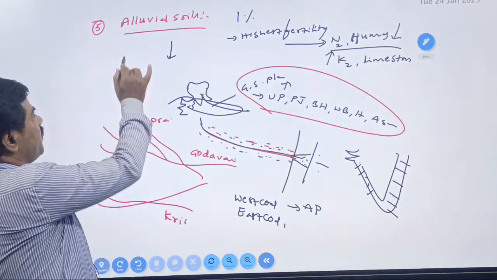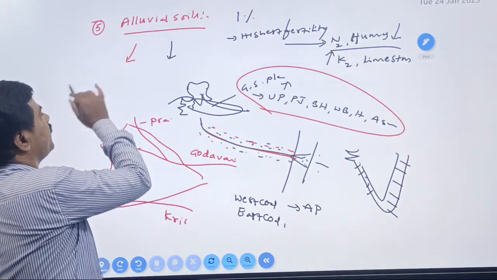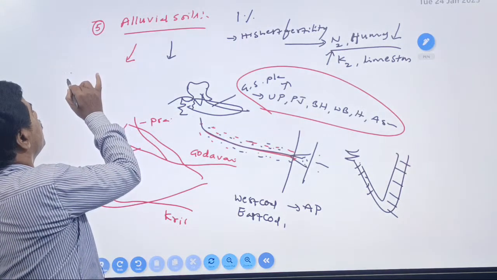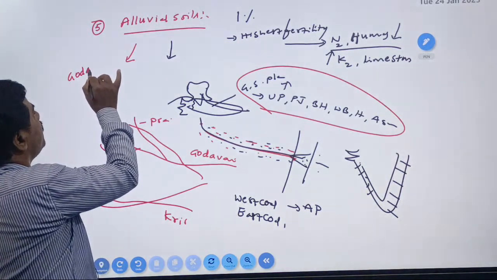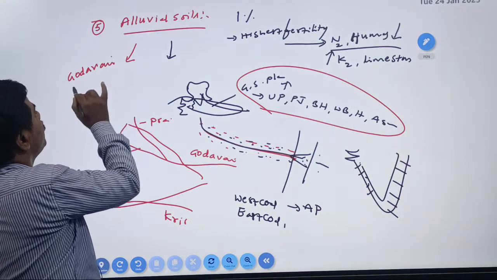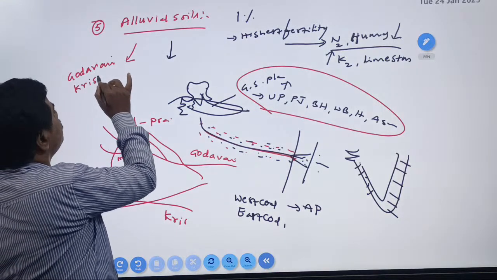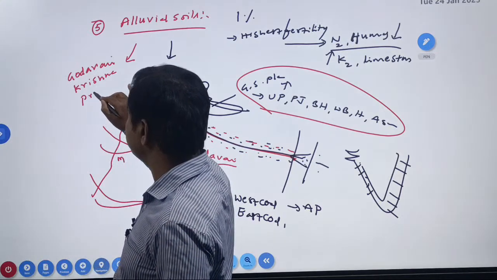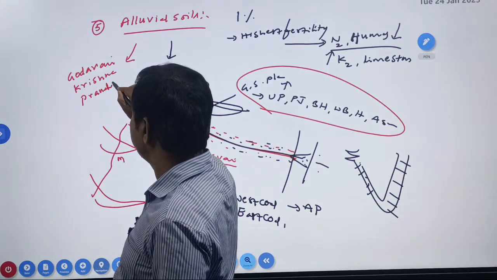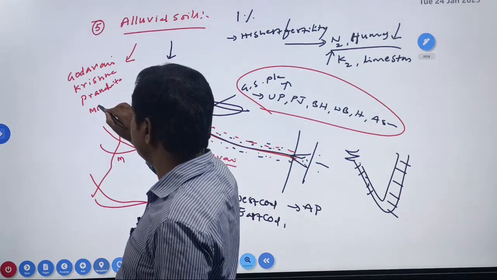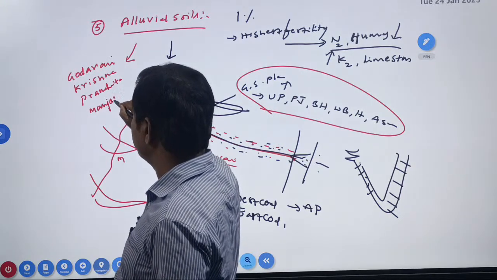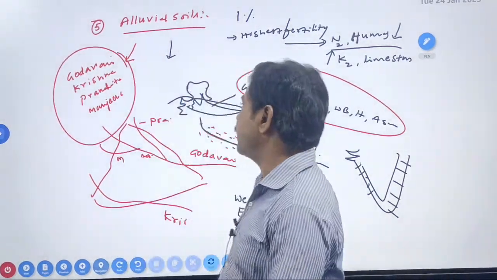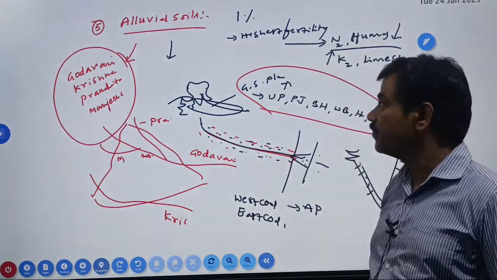Maximum alluvial soil tract in Telangana is surrounding the Godavari and Krishna river basins, and also Pranahita and Manjira.